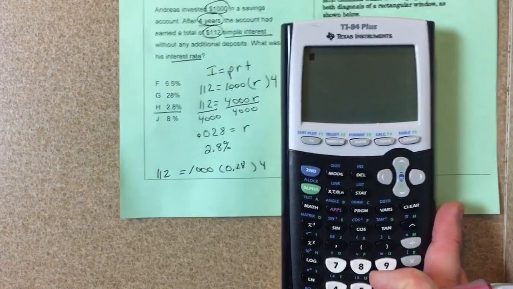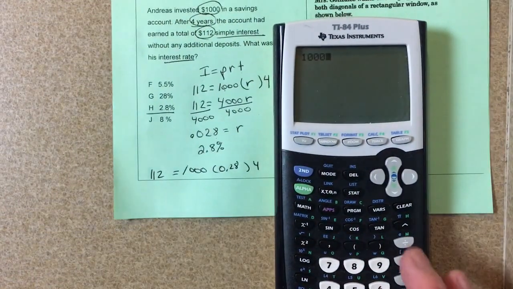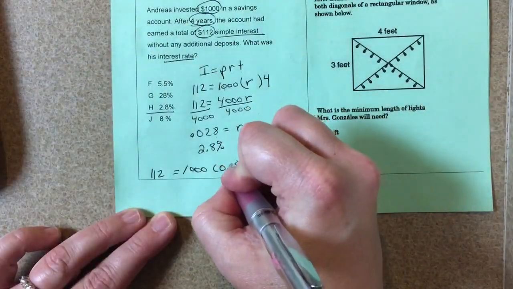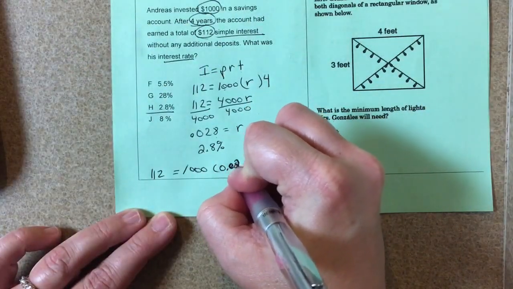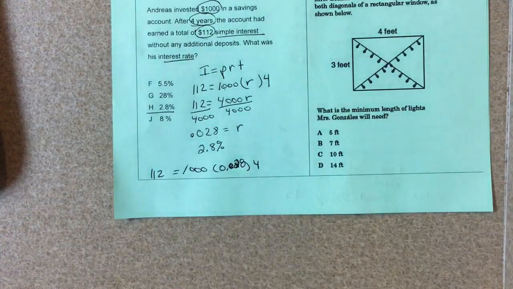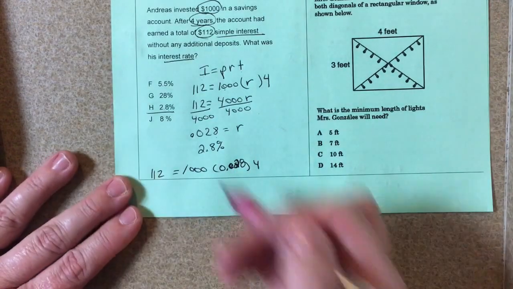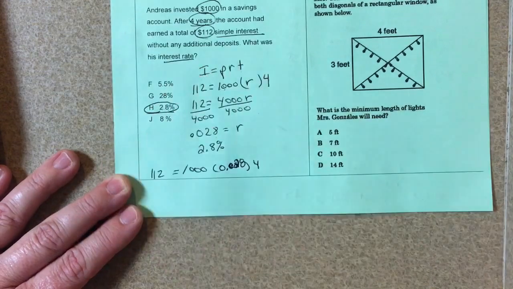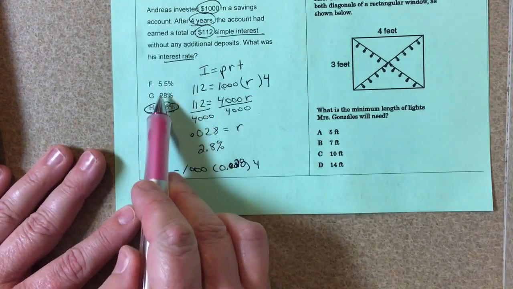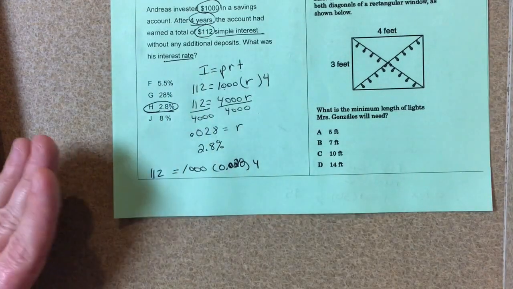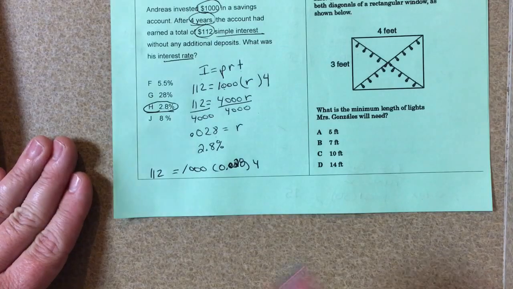So when I take 1,000 times 0.028 times 4 is 112. Forgot my 0 there. All right, so just because I happen to know that, if I didn't, I would have to use all these answer choices till I got the one that equaled 112.